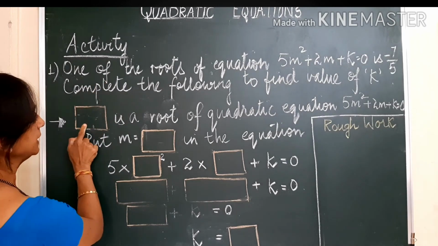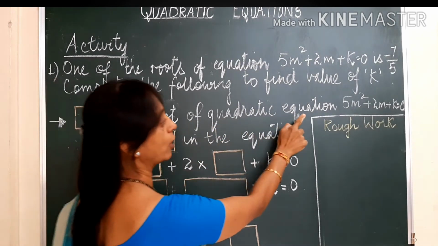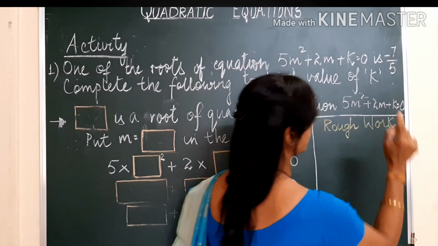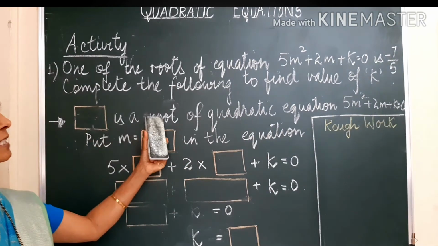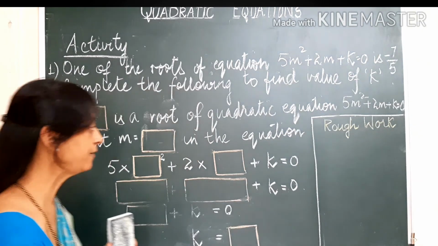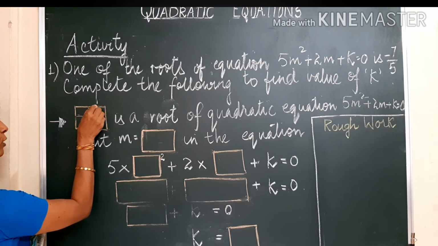Over here children, dash is a root of the given quadratic equation 5m square plus 2m plus k is equal to 0. So who is given as a root of the given quadratic equation? Minus 7 upon 5 is one of the roots.